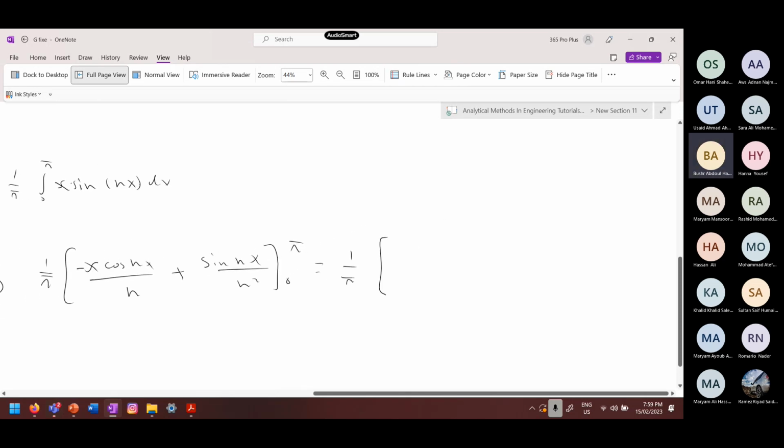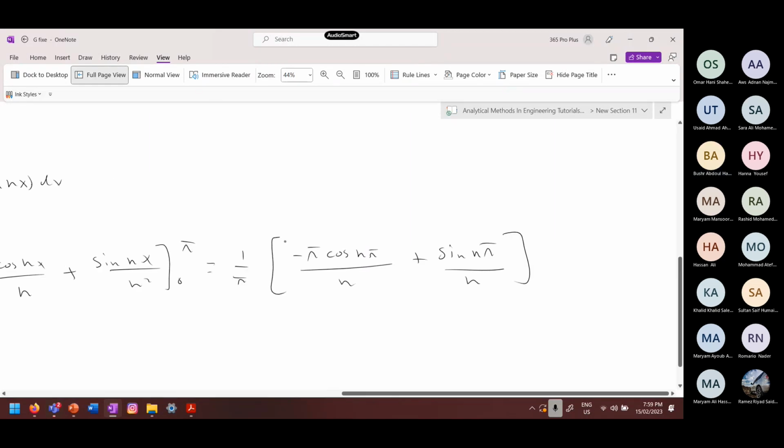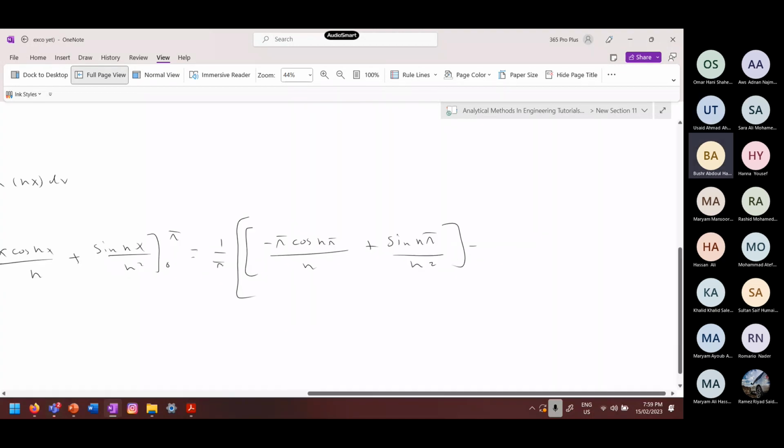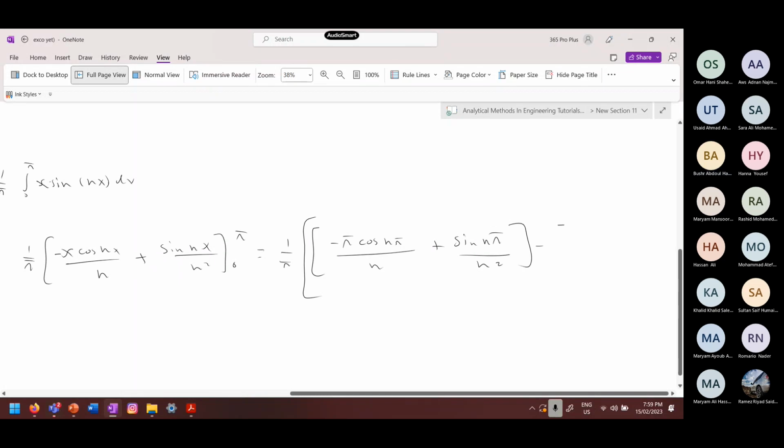Evaluate these. 1 over pi, negative pi cosine n pi over n plus sine n pi over n squared. N squared, I always forget this. Now as for the 0 term, 0 plus sine 0 over n squared.